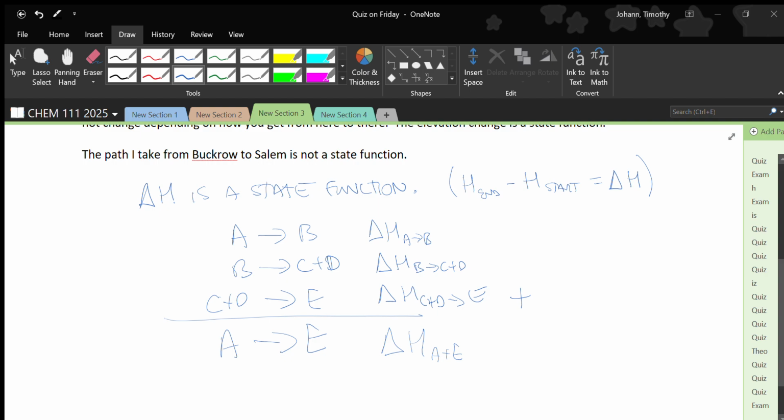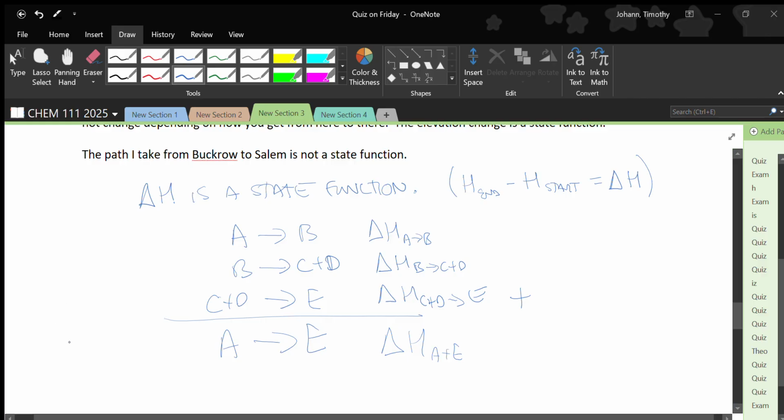Let me draw these notes. So we have Buckrow Beach. We have Salem. If we just think about elevation here, and I've got Colorado. Denver's high, right? Denver.